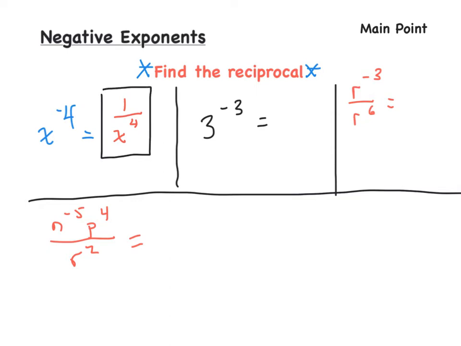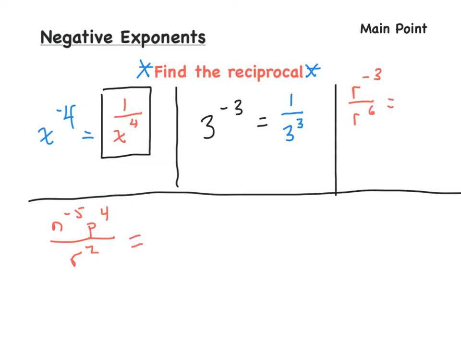So if we have the one in the middle, 3 to the -3rd, that means it'd be 1 over. The reciprocal of 3 to the 3rd is 1 over 3 raised to the 3rd power. Now we can simplify that.